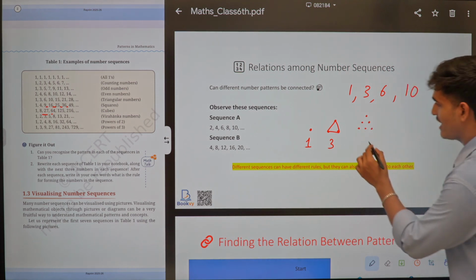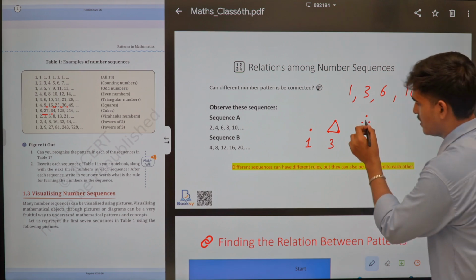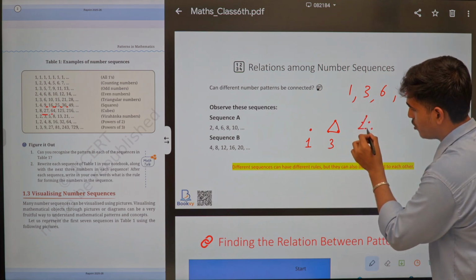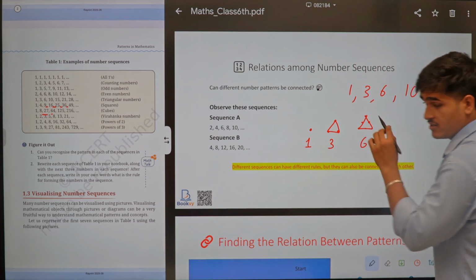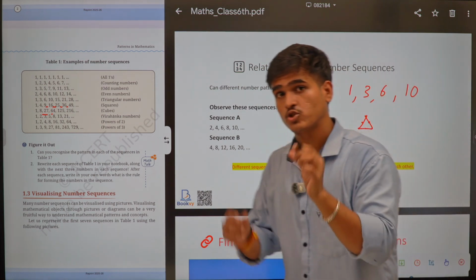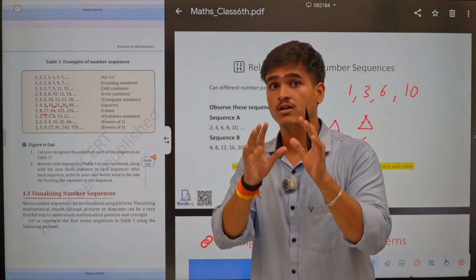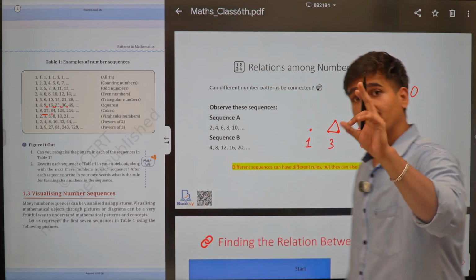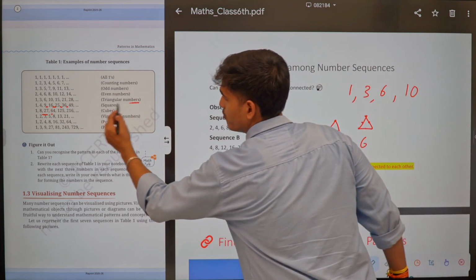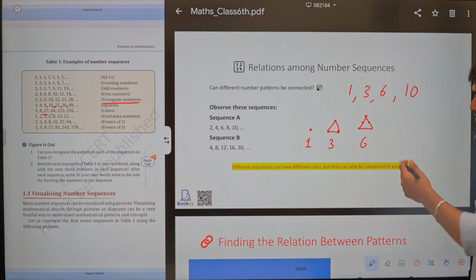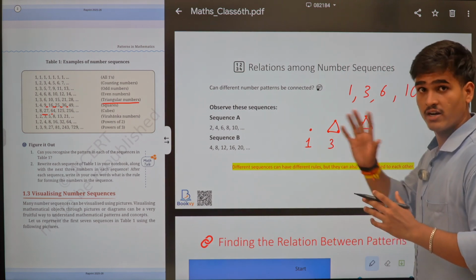So this is also looking like a triangular number. How come? If you are making these coordinates join, each and every coordinate should be joined. No coordinate should be left behind. Then only the triangular number formula will apply. So sir, 6 is also following a triangular number sequence.